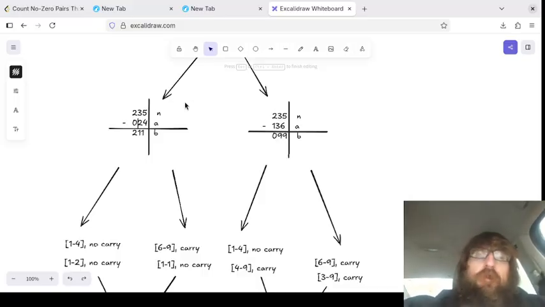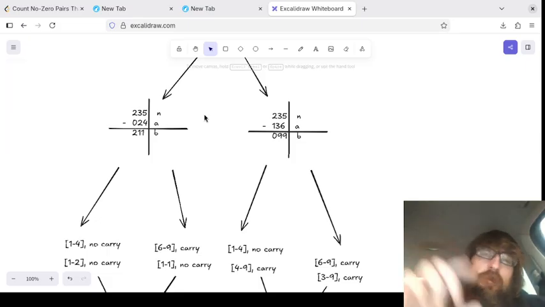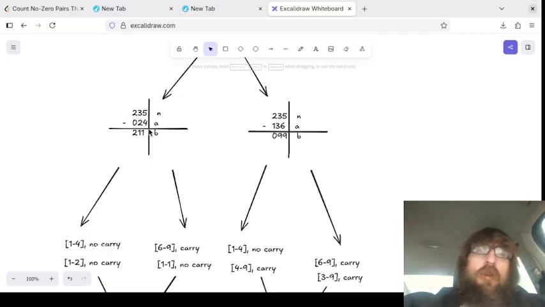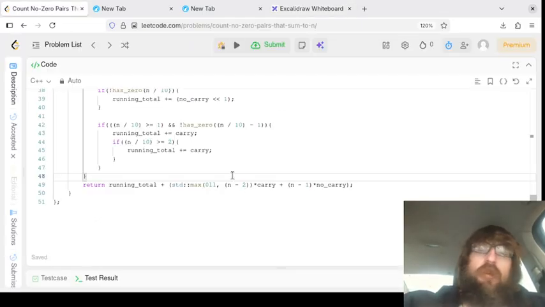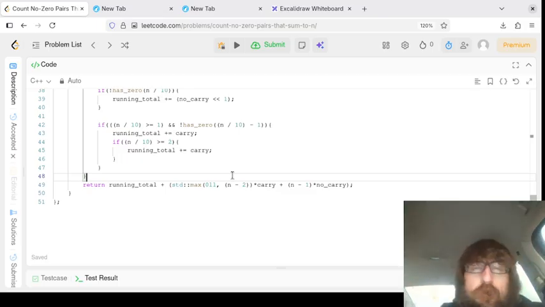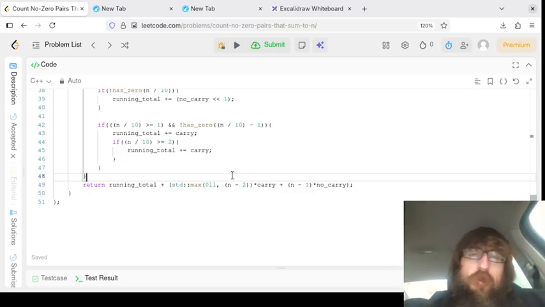So that's different, because the other digits you can go over. Like here, the 6 can go over. But for this last digit, you can't go over. So that's why this is handled separately. And that's what's going on here, is that you've got the numbers from 1 to n minus 1 for the no carry case, and then from 1 to n minus 2 for the carry case.